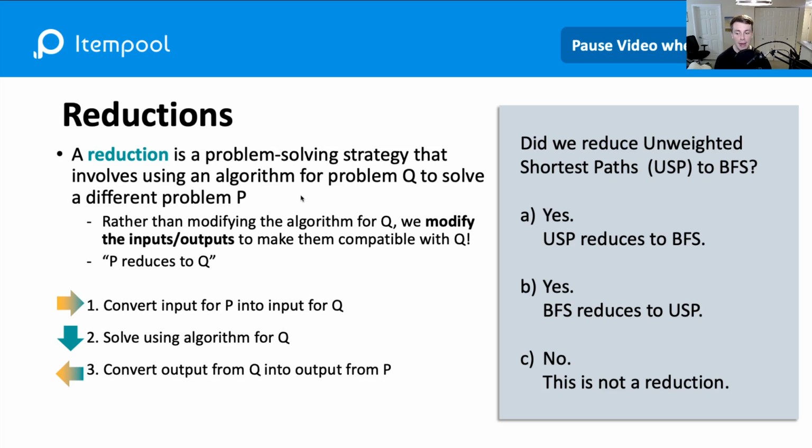Okay, so now that you had some time to think about that, let's go ahead and tackle this. So I would argue that this is not a reduction. Why? Well, in order to solve this unweighted shortest paths problem, we took BFS and modified it to create the shortest path tree and this dist map that required a change in the algorithm.